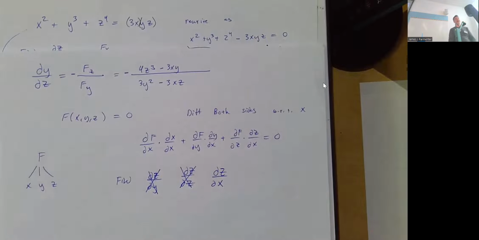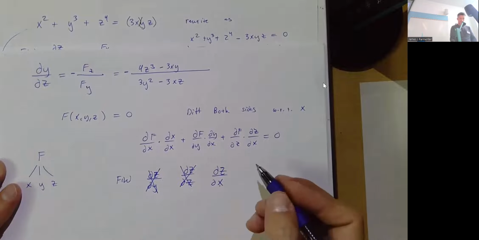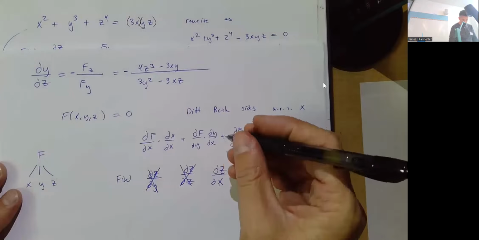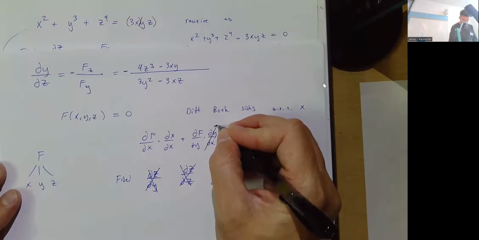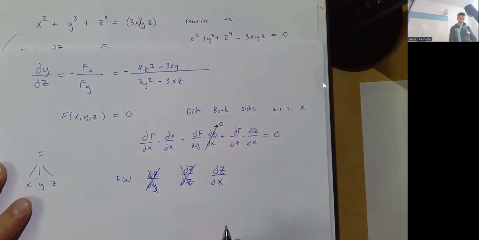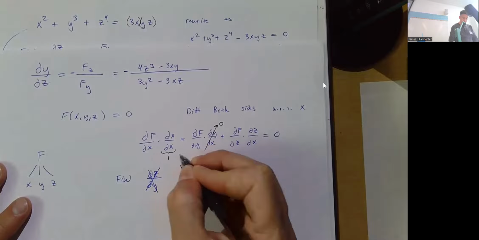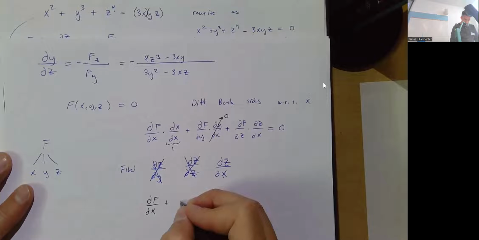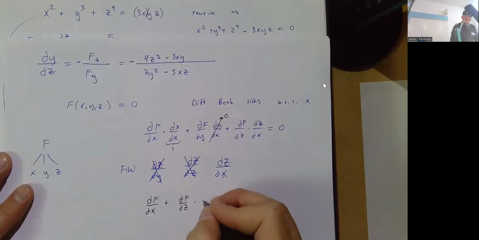Then what we're saying is z depends on x, and y doesn't really depend on x. So for this situation, del y del x is going to be 0, and dx dx is going to be 1. We're left with, not surprisingly, del f del x plus del f del z times the thing we're trying to find, del z del x, equal to 0.